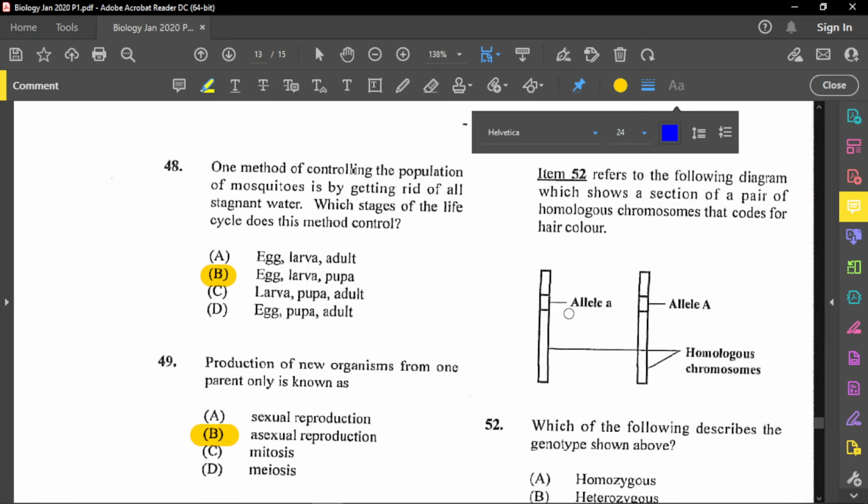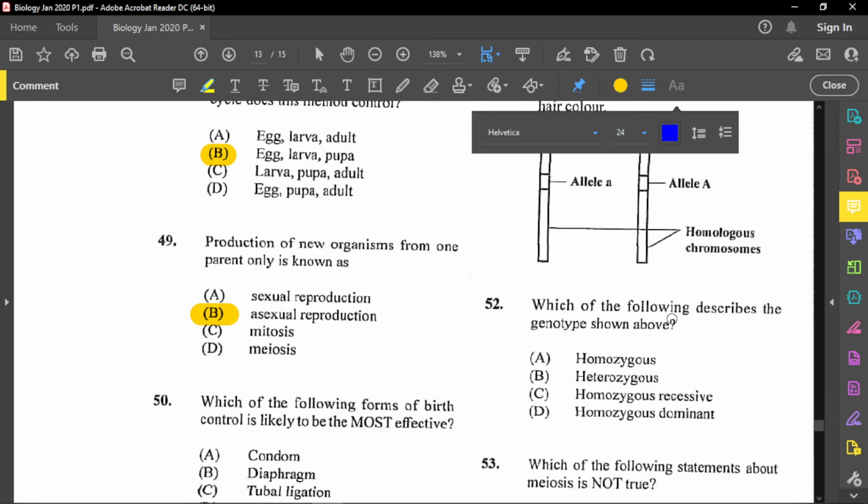So the same pair, like I said, homologous pair, they have the same gene or the locus for the same gene in the same exact spot. So locus means location on the chromosome, right? Or where the genes are found on a chromosome. So notice that they are in the same position technically, but they can be different. That's a different story. I'll talk about the difference in the genes or alleles at a different time.